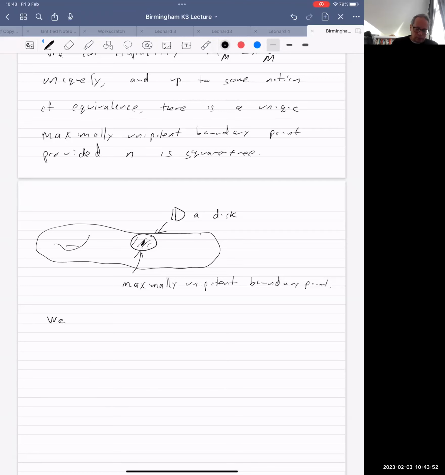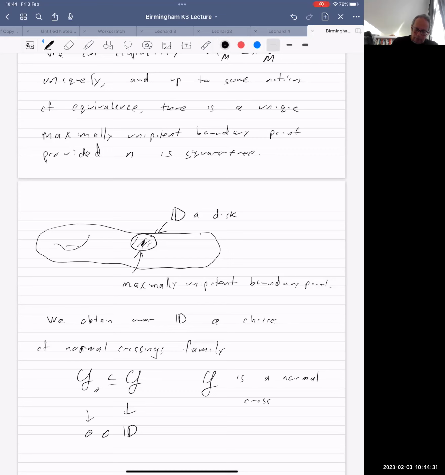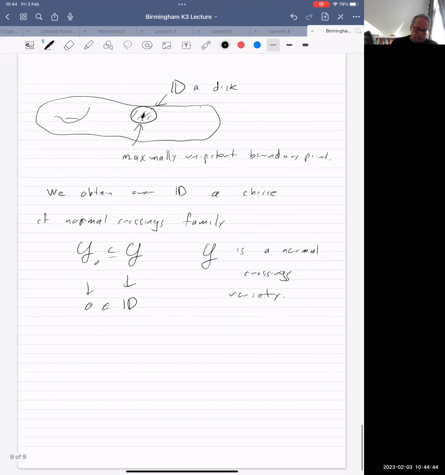So we obtain over D a choice of compactification, say a normal crossings compactification Y over D. We should have 0 in D, with Y0 the normal crossings variety, and then the general fiber is an M-check polarized K3 surface.